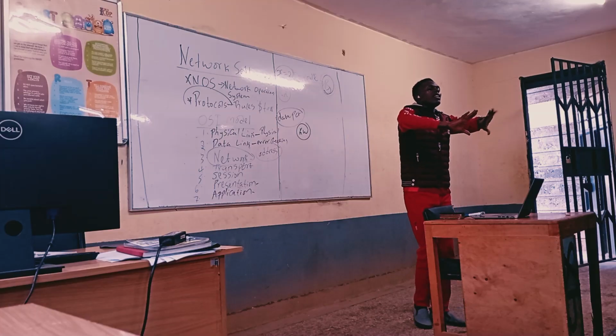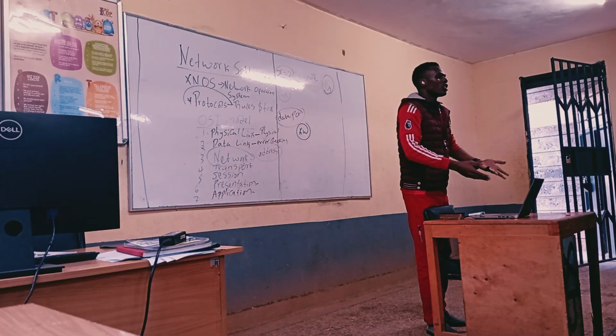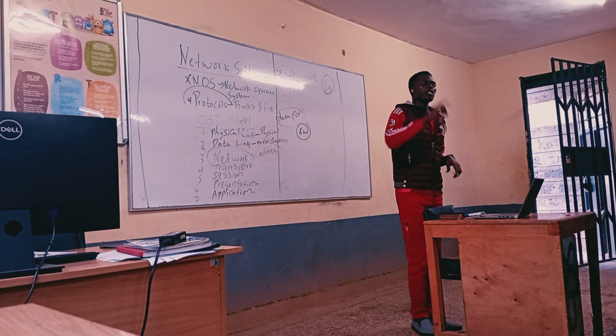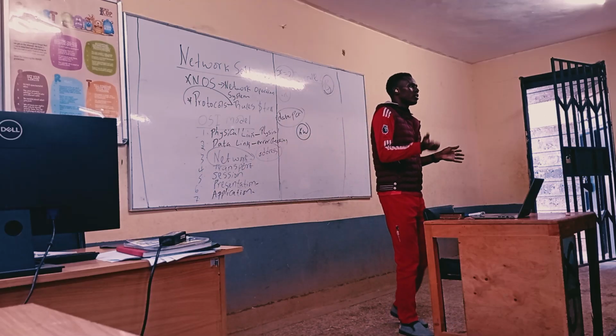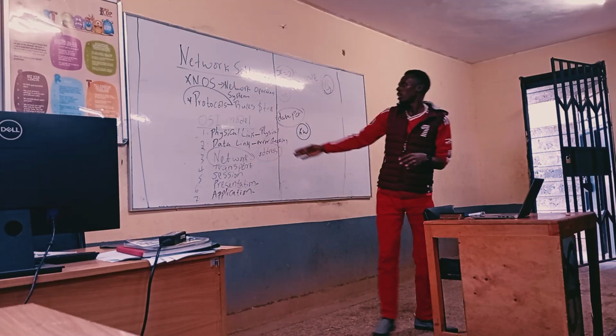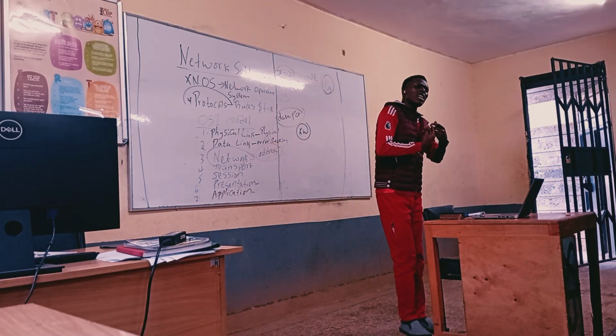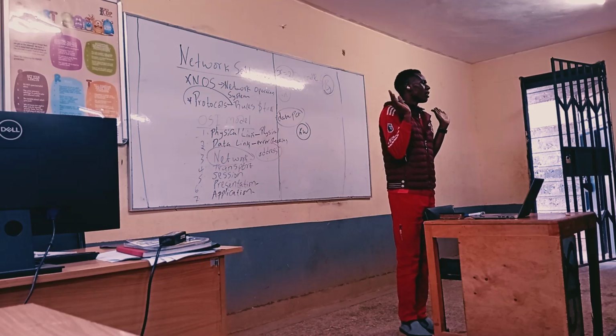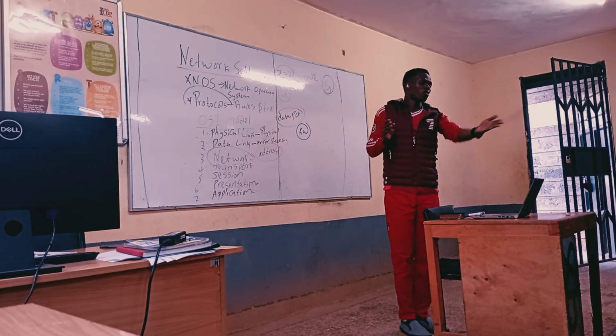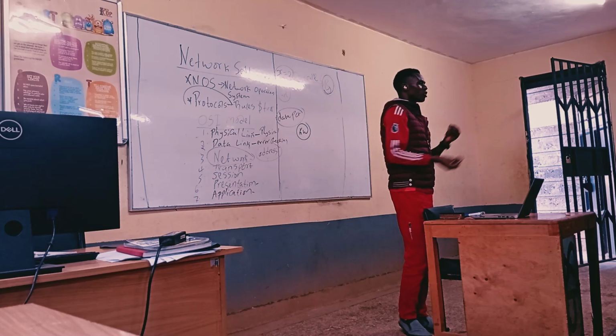Data link checks for errors. If you are told to state the work of layer 2, just write: checks for errors on a network. We may be writing too much there, but it is for explanation purposes.